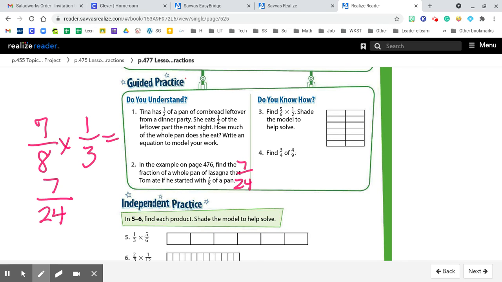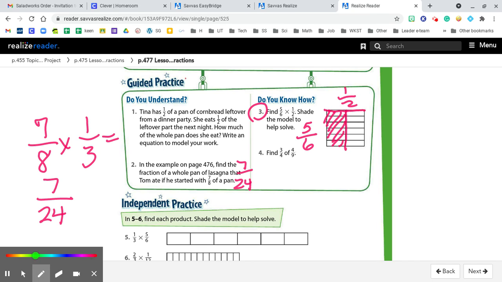Okay, and here's our model. Find 5/6 times 1/2. Well, you can already see they divided the shape. The columns are the half. You can see they took this line and divided it in half. You can see that half right there. So we're going to shade in a half in that direction, and then they did 6s in the other direction.